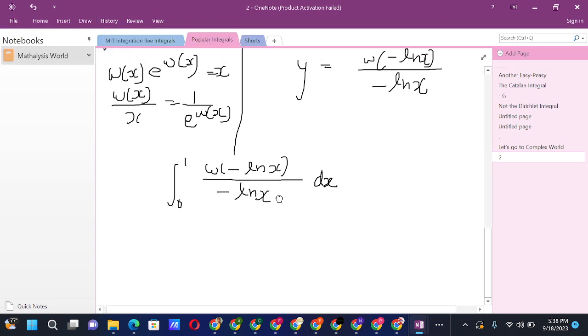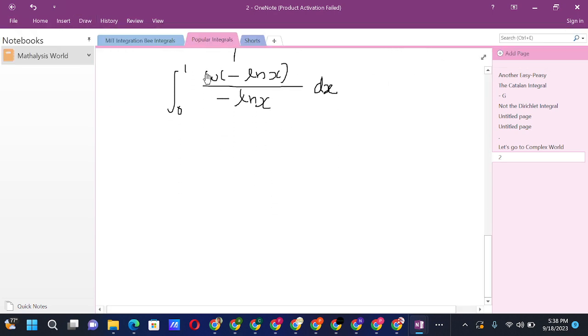Now we can use the series expansion for the Lambert W function to proceed to the integral, and the series expansion will be quite helpful for us to further evaluate this expression.